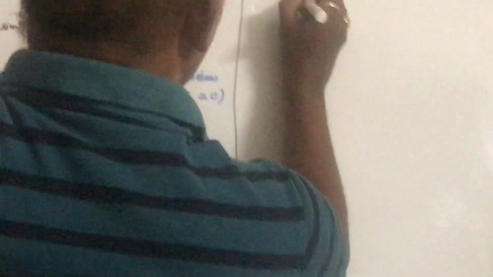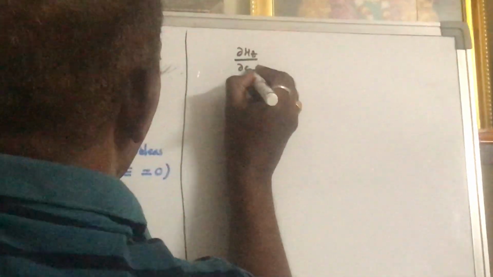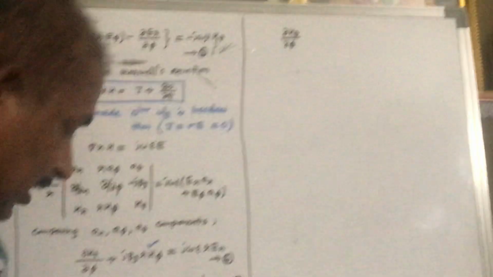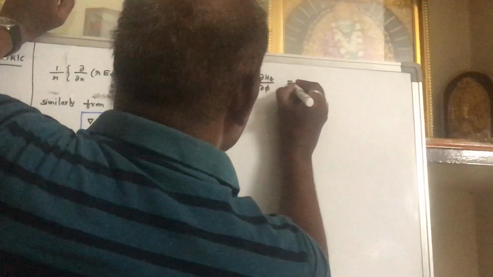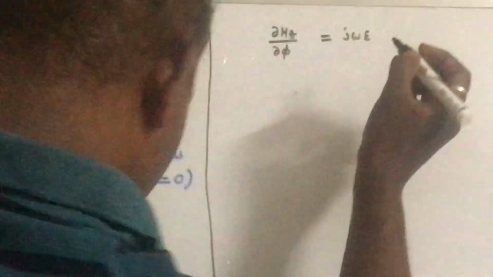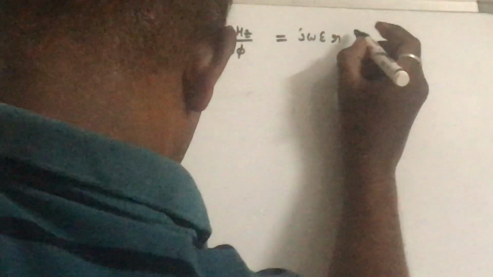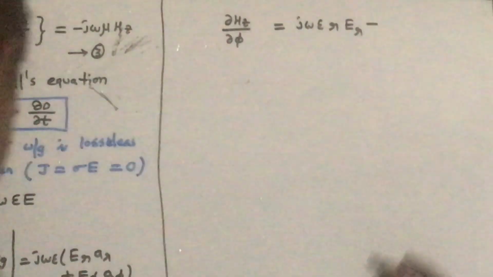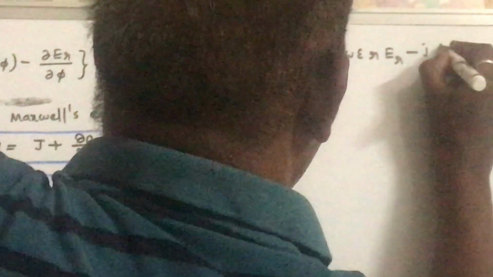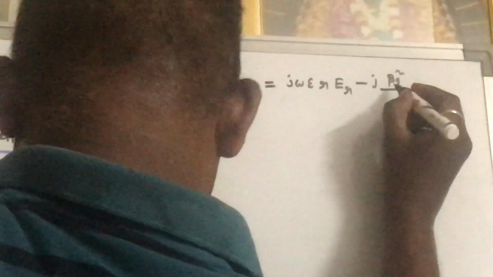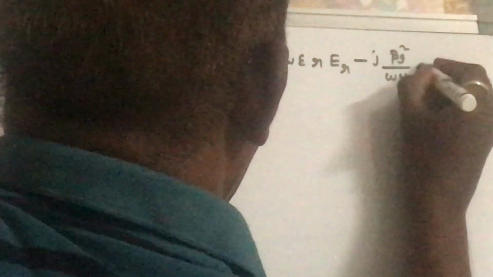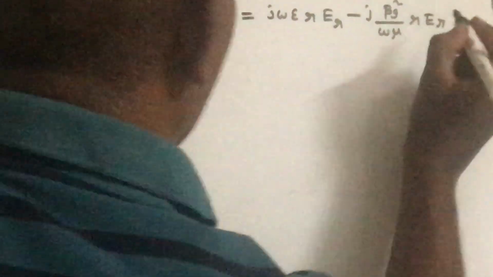Therefore, dou Hz by dou phi equals j omega epsilon R into ER minus j beta G square by omega mu R into ER.